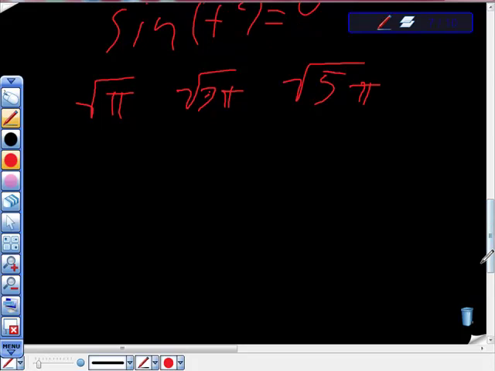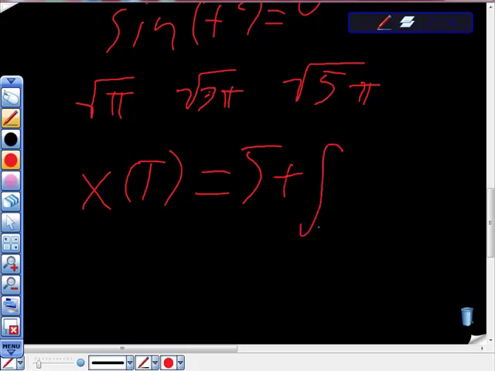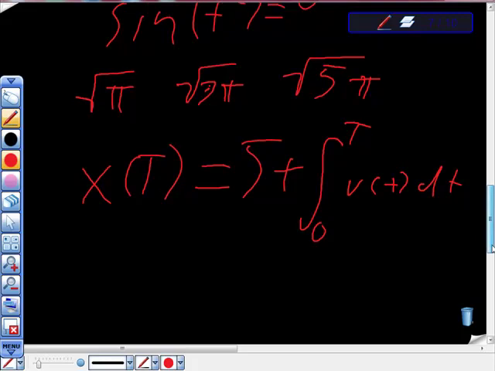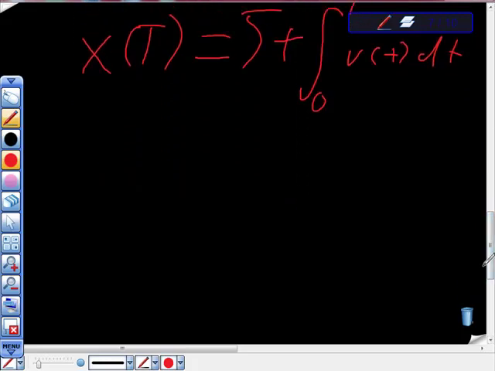Next, we're going to do our integrals for these, and go back to our position x of t. We're going to use a capital T this time, because we have these 3 different times. It equals the initial 5 plus the integral from 0 to the time we're going to assess of v of t dt. Because it's the calculator section, we can just do a little table. At 0 it gives us 5.